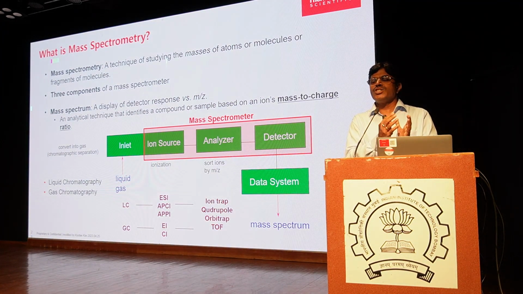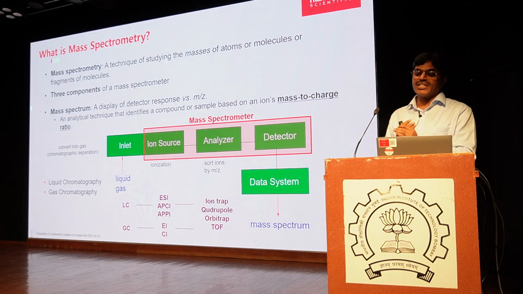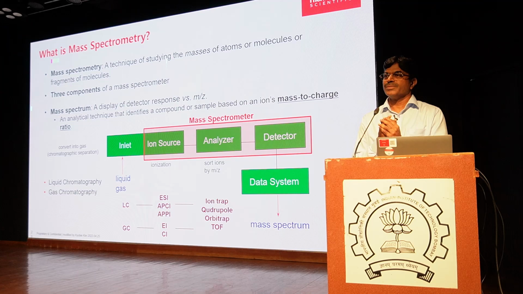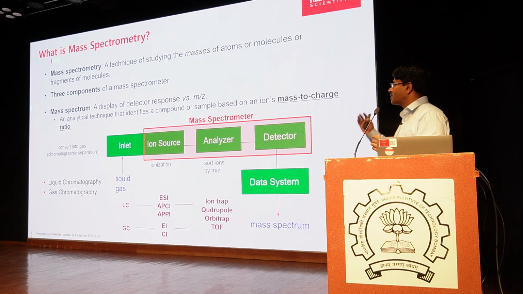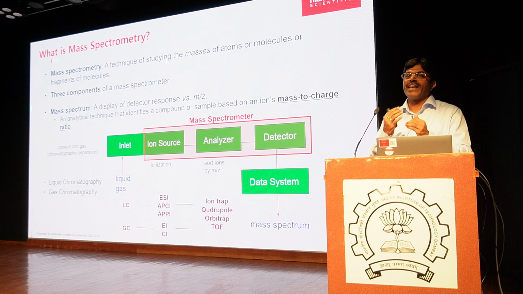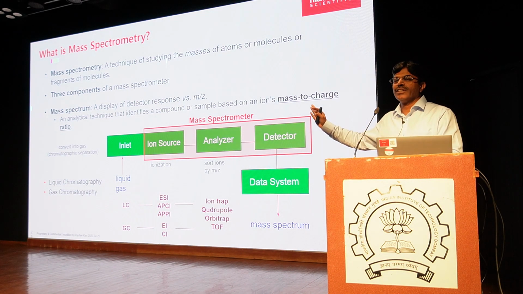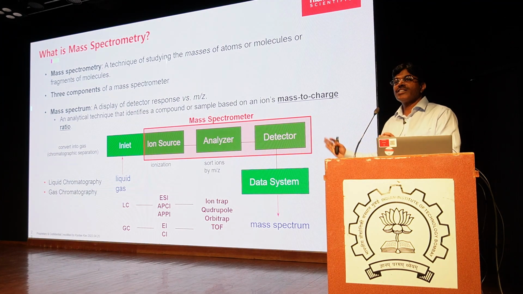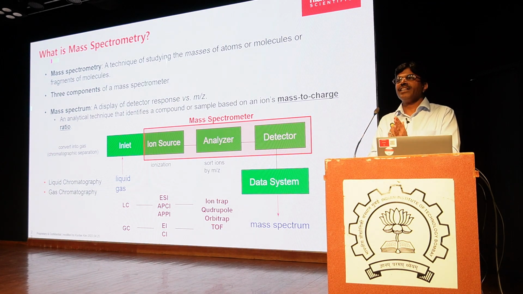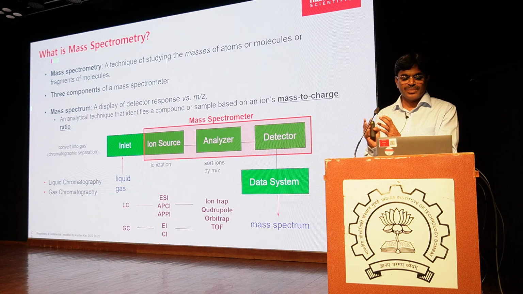It separates the ions based on their mass to charge property, and then you have the detector to detect them. Your sample will be introduced either through a gas chromatograph or a liquid chromatograph. So you have an inlet, an ion source to produce ions, an analyzer to separate ions, and a detector to detect those ions. Everything is controlled through the data system.